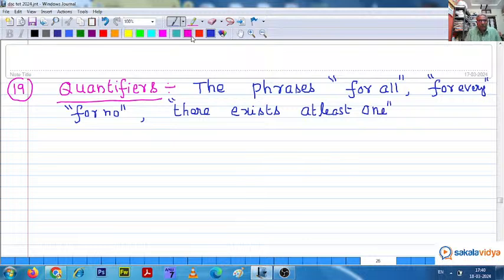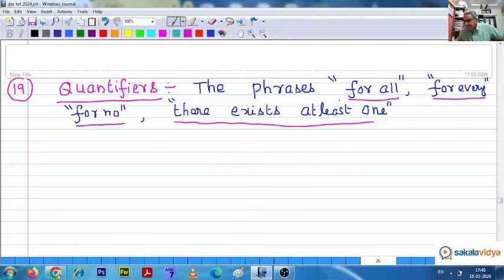So you remember, all of you, the phrases: for all, for every, for no, there exists at least one. These phrases are called quantifiers.